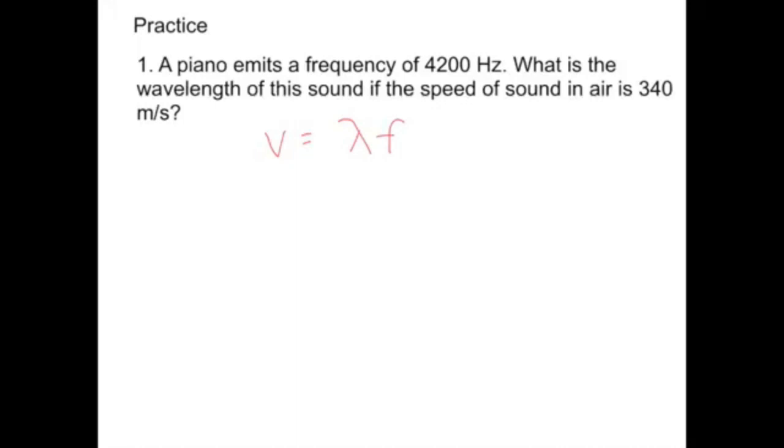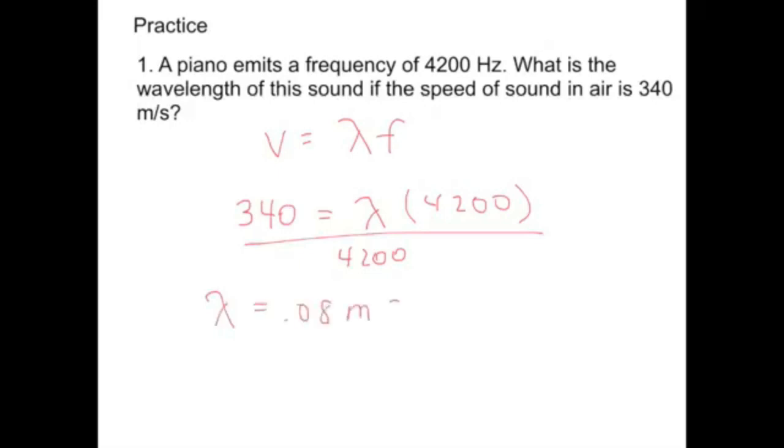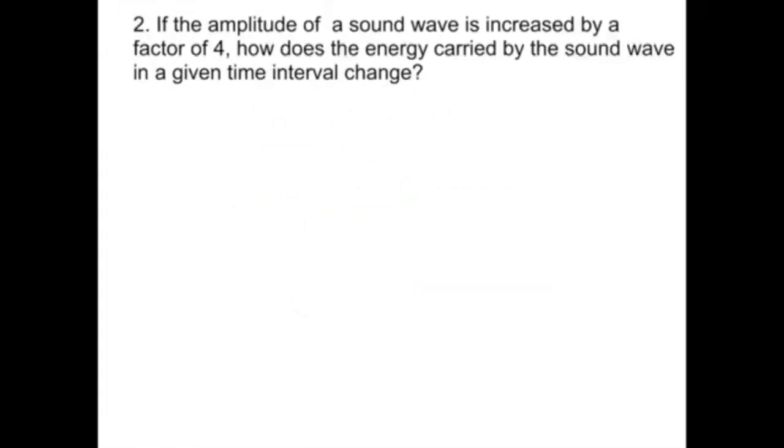Now we know that the speed of sound in air is 340 meters per second, so that'll be the velocity. Then the wavelength is what we're solving for, so we'll leave that as lambda, and then the frequency is 4200 Hz. Now if I divide both sides by 4200, I get that wavelength, or lambda, is equal to 0.08 meters, which is 8 centimeters. That's how long the wavelength is.